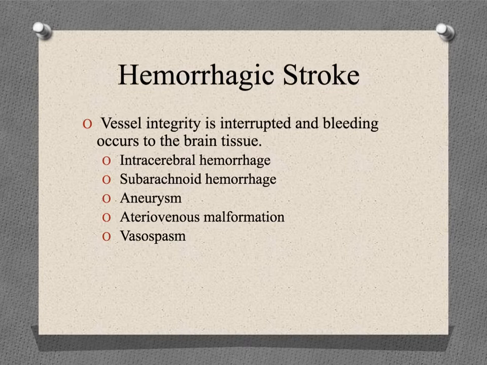Vasospasm is where there's a spasming of the cerebral arteries, and it can be associated with lots of different things. A lot of times it's due to an aneurysm rupture, and then blood flow to the distal areas of the brain supplied by the damaged cerebral vessel is markedly diminished, and the reduced perfusion from vasospasm contributes to secondary cerebral ischemia.